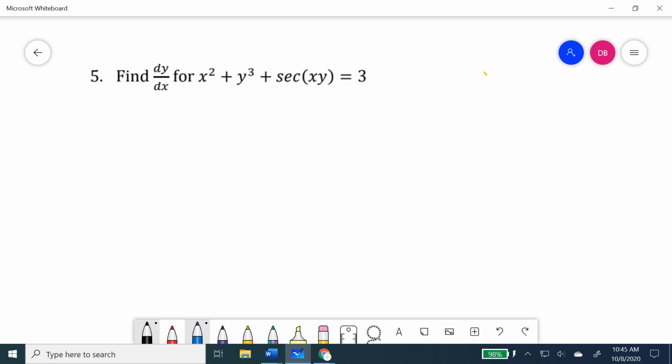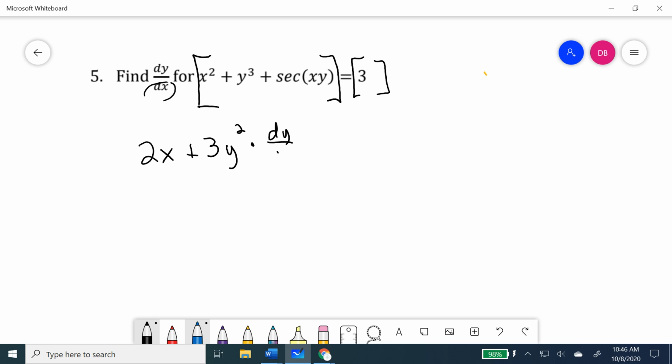You will be implicitly differentiating. So I am taking the derivative of both sides with respect to x so that I can get the dy over dx. So x squared derivative is 2x alone with respect to x. y cubed is blah cubed, 3 blah squared times the derivative of blah.